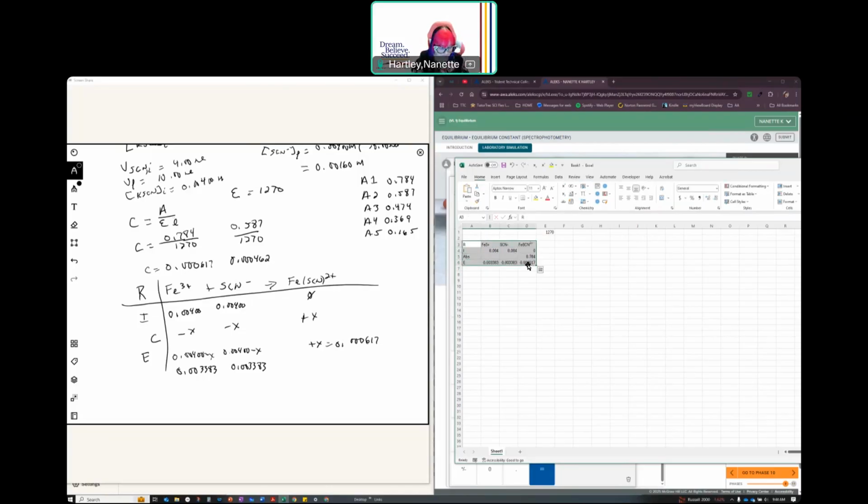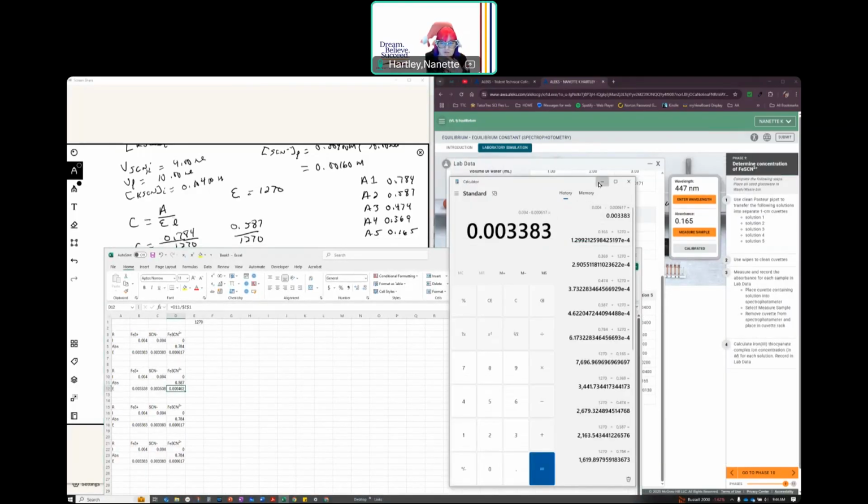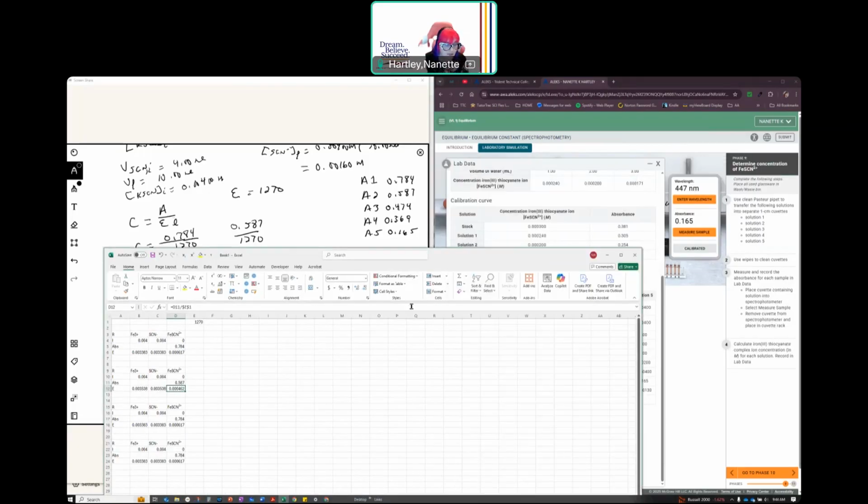And I can copy and paste this anywhere I want. So every time I set this up, I have a new absorption that I put in for the next value, and it calculates the new concentration. As long as I know exactly what I'm talking about in terms of what those are, and I know that the concentrations are the same, and that they are for the Fe3+ in each situation, then that's fine.